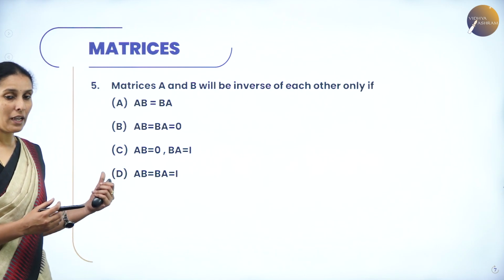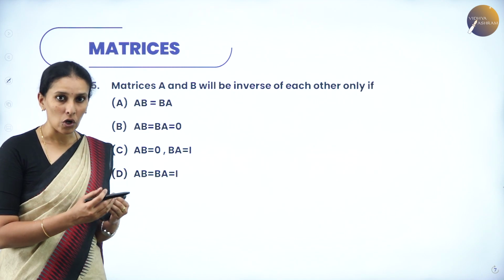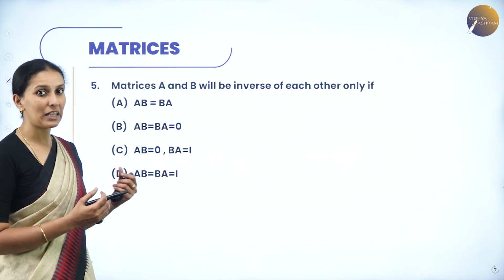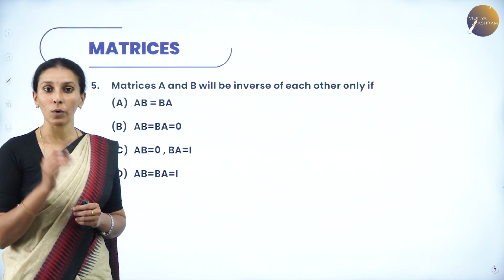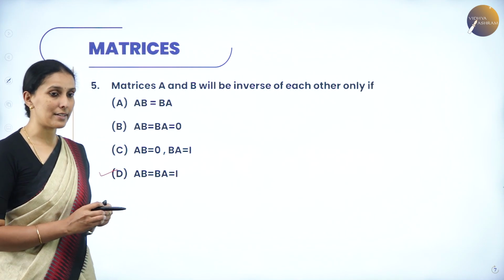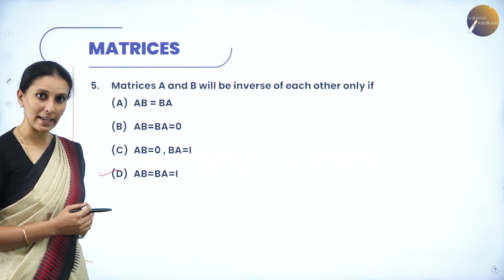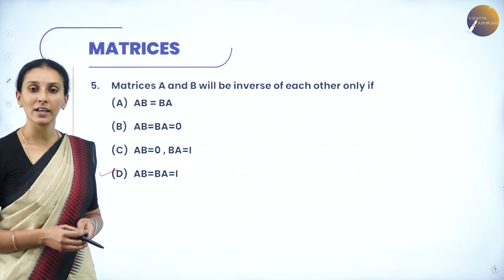In the same way for matrices, if the product of 2 matrices is commutative as well as gives you the identity matrix, then we can say the inverse exists. Therefore, if AB is equal to BA is equal to the identity matrix, then A is inverse of matrix B or B is inverse of matrix A. Thus, A inverse exists only if this condition is satisfied.